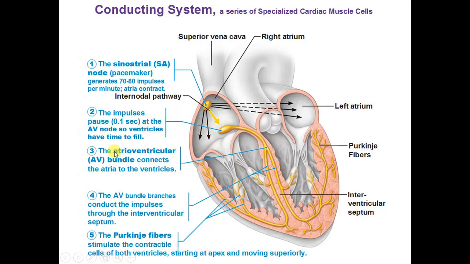Then from this atrioventricular node, the atrioventricular bundle arises and goes towards the ventricles, passes through the interventricular septum, and divides into two branches, the AV bundle branches. One is on the left side, the left bundle branch.